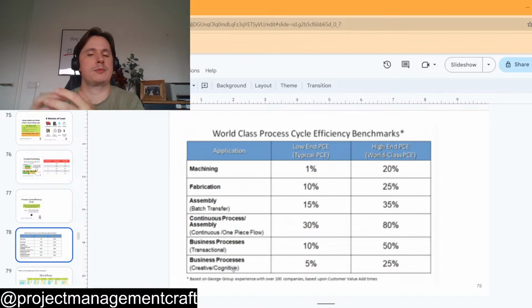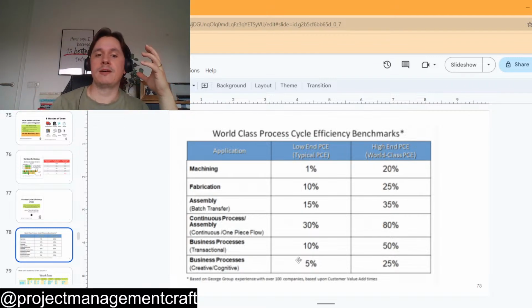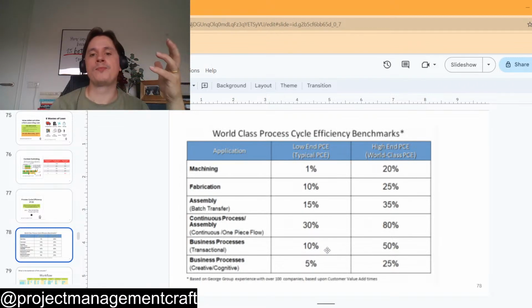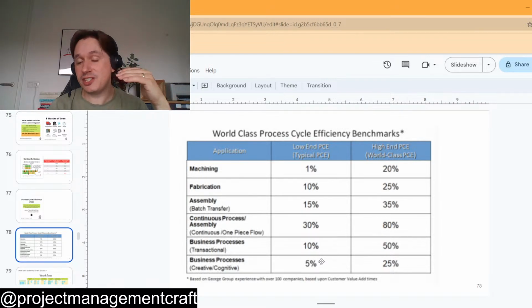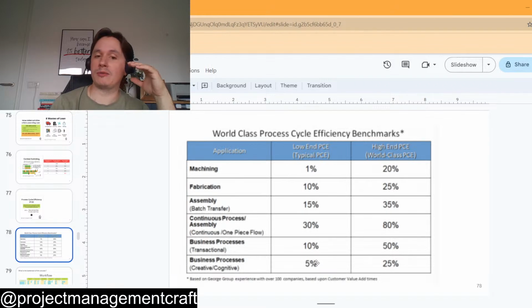That classifies much more as a project. So you see that a typical company doing process, administrative, or knowledge work, depending on what you're doing, has a process cycle efficiency of around 5% for projects.